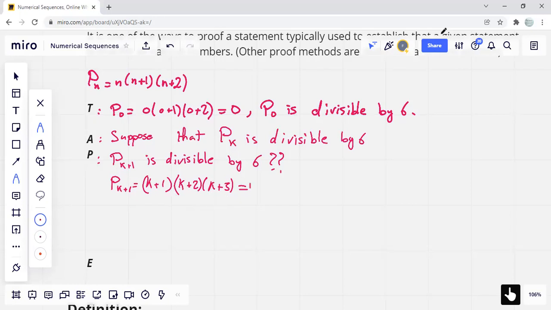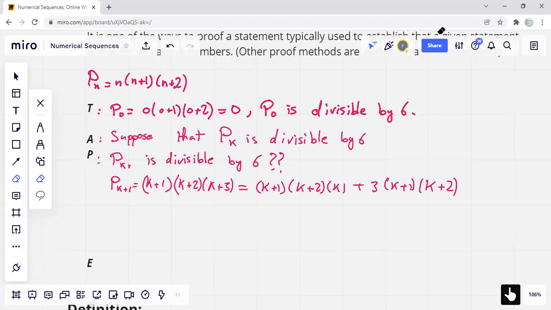We get that Pk plus 1 is equal to k plus 1 into k plus 2 into k, plus 3 times this, and 3 into k plus 1 into k plus 2.